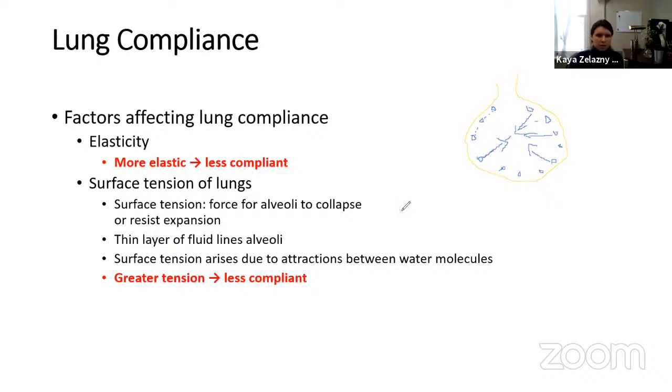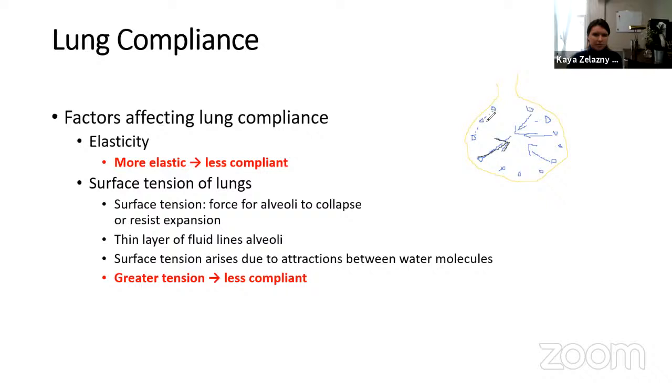So if this force of the water molecules trying to form a droplet in the center, pulling the walls of the alveolus inward, gets bigger, it makes the lung less compliant, because there's more pressure that we have to fight against in order to expand the alveolus and increase its volume.